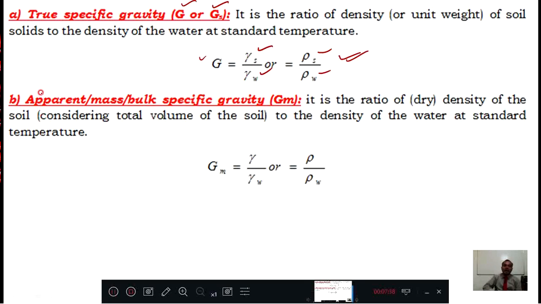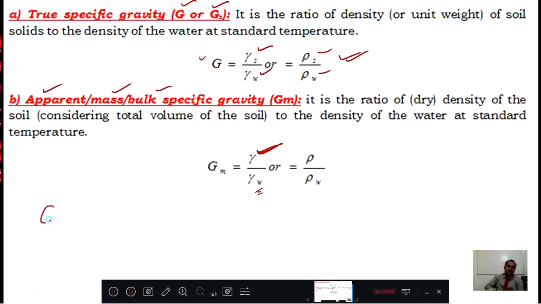Sometimes in practical cases we use the words apparent, mass or bulk specific gravity. Here the meaning is that whatever bulk density you get, you are comparing it with water.